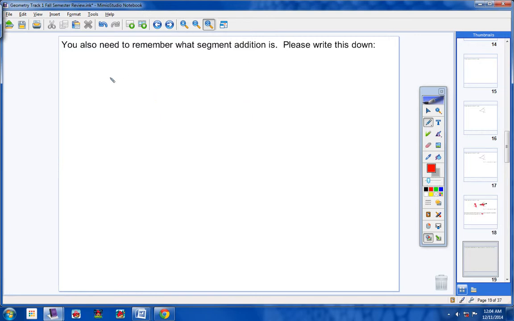You also need to remember what segment addition is. Please write this down. If A is between B and C, then, let me go ahead and write that for you. A is between B and C. So here's B, here's C, and A's in between them. By the way, it doesn't mean that A is right in the middle, okay, at all.